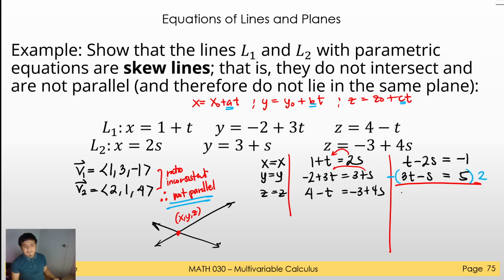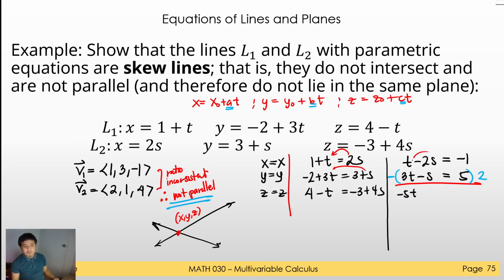So we have here t minus 2 times 3t. So this will be t minus 6t, so this will be negative 5t.